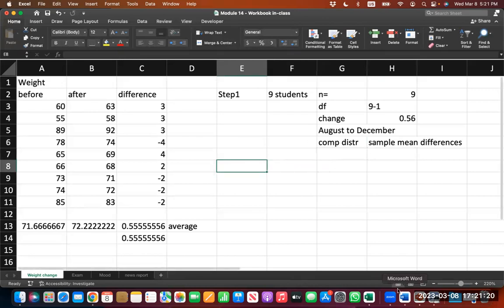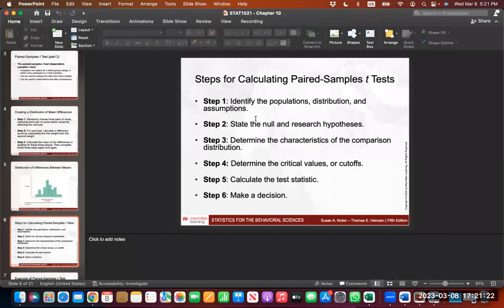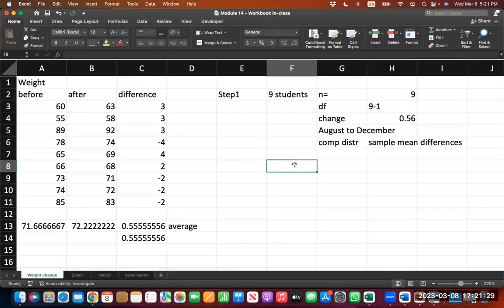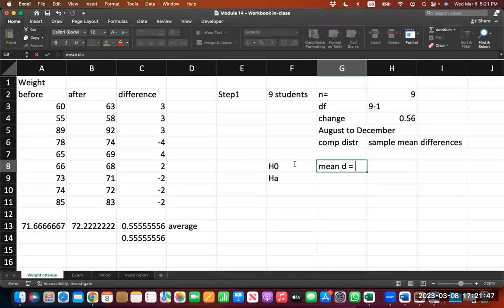So in step 2, and this is where we're going back, we determine a null and a research hypothesis. So now I kind of gave this away already. So we have an H0 and HA, where under the null hypothesis, we think that the mean difference equals 0, right?